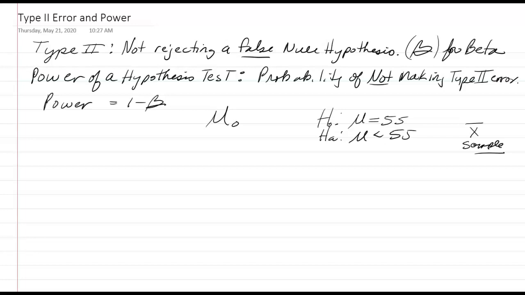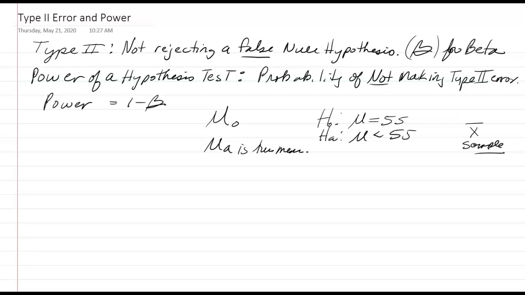But I'm going to introduce another mean. Just because we believe that 55 to be true doesn't mean it's true. There's another mean that we're going to call the true mean. I'm going to designate it as mu sub A. Think of it as the actual mean. This is our true mean.